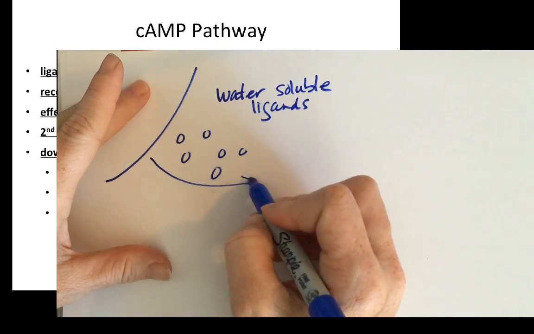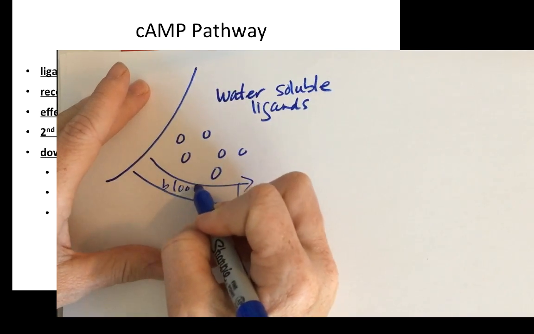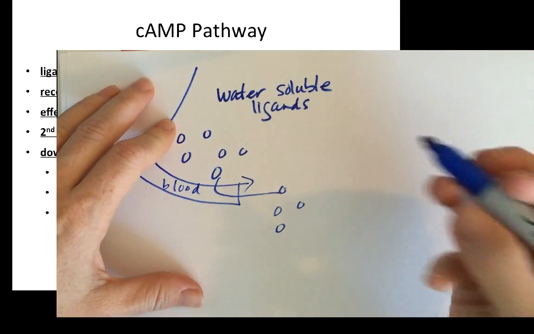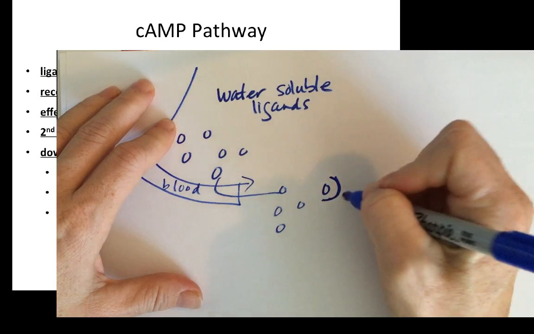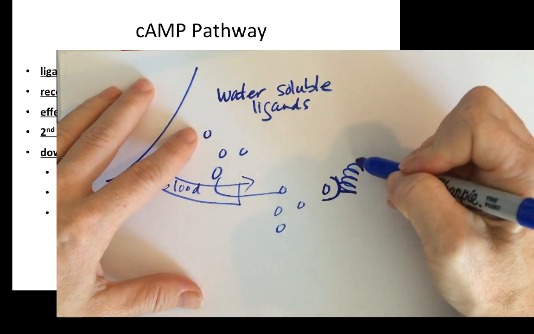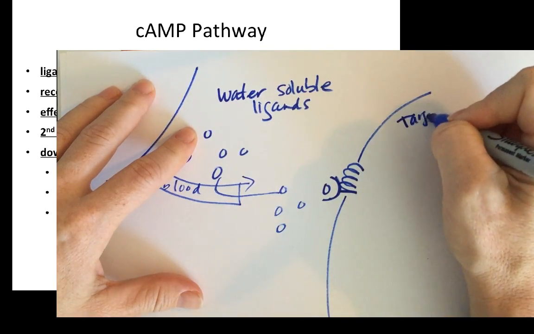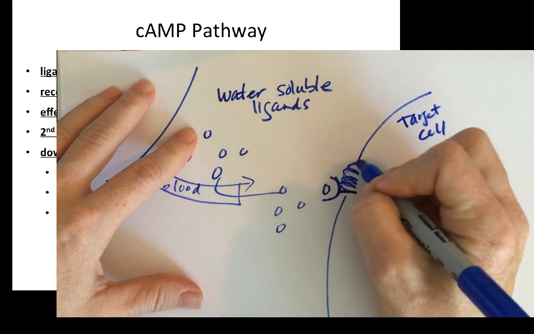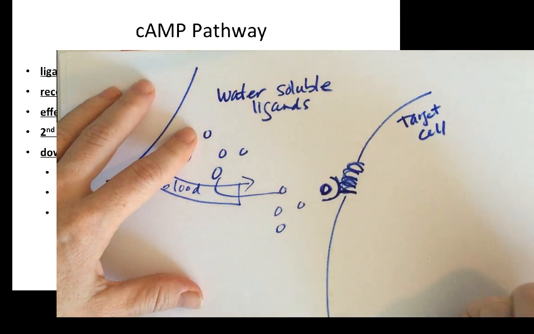Often these are hormones that have traveled a long distance through the blood to get to their targets. The target is going to have a receptor that is this interesting G protein coupled receptor on the membrane of that cell. So here's our target cell. Here's our G protein coupled receptor that has recognized our chemical signal.